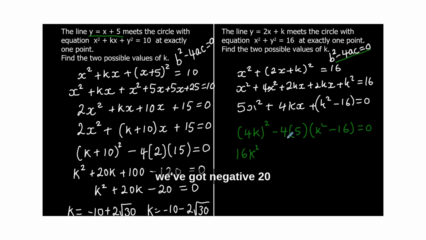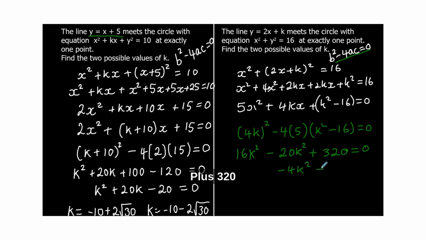And we've got negative 20 times k squared, negative 20k squared, and negative 20 times negative 16 will be positive. 20 times 16, that'd be 320 equals 0. So we've got minus 4k squared plus 320 equals 0.